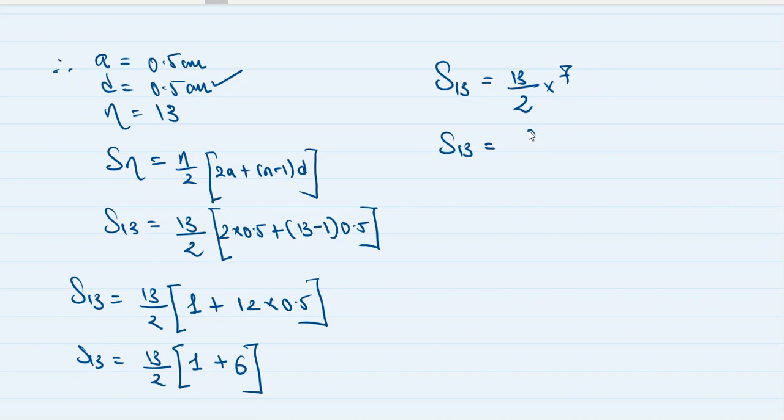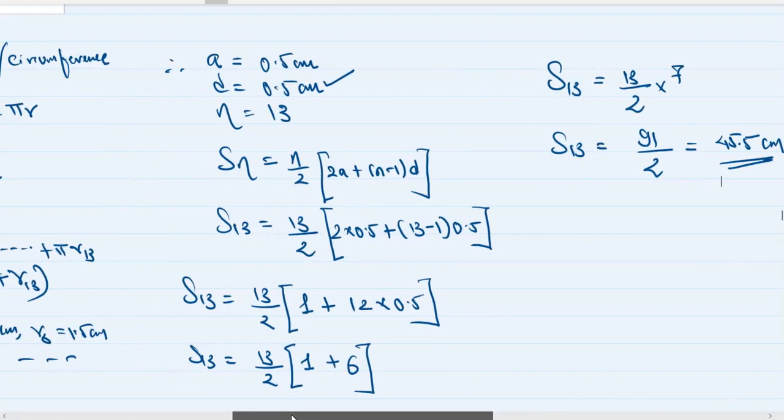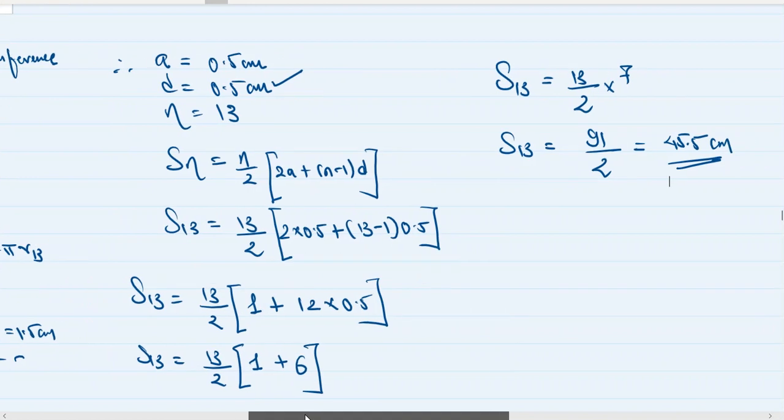So this is 91 divided by 2, which is 45.5 centimeter. So the total length of the spiral up to 13 semicircles is 45.5 centimeter.